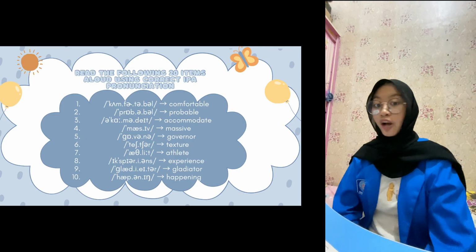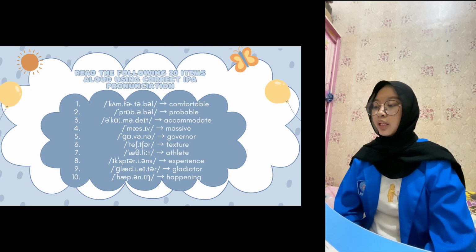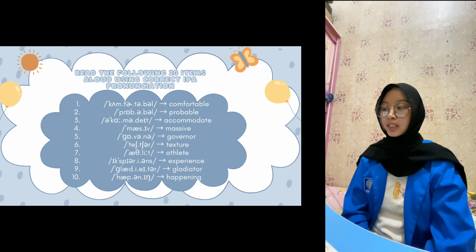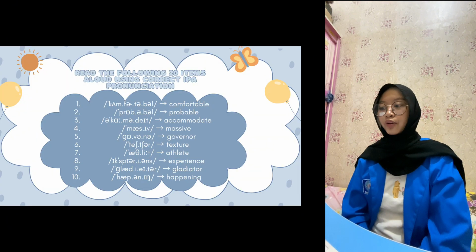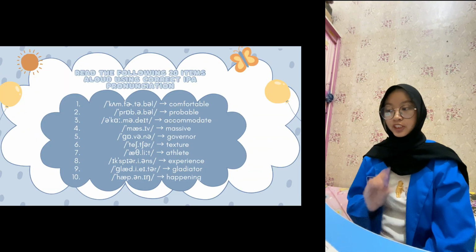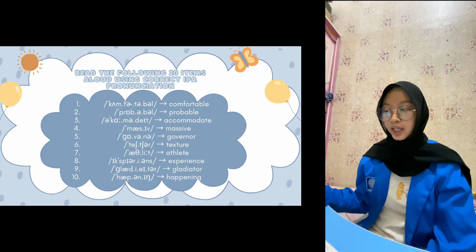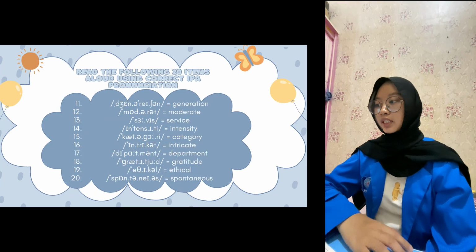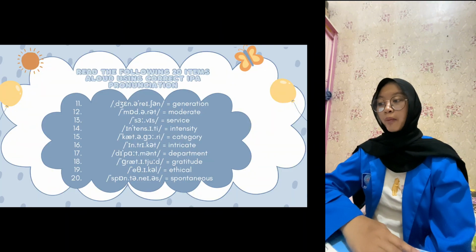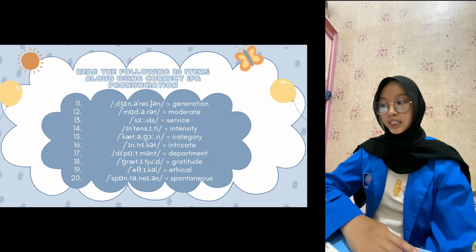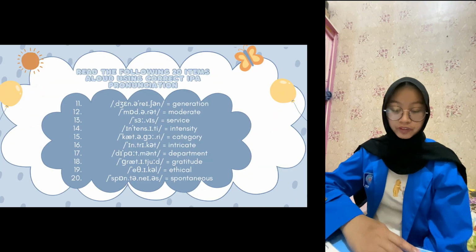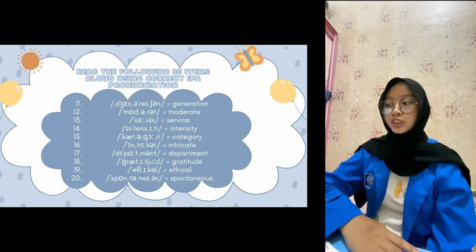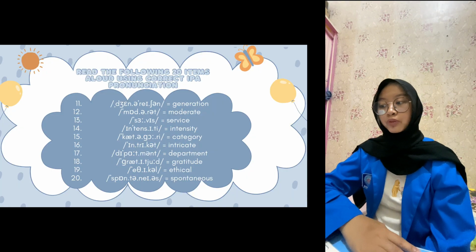First up is comfortable, and then probable, and then accommodate, massive, governor, texture, athlete, experience, gladiator, happening, generation, moderate, service, intensity, category, intricate, department, gratitude, ethical, spontaneous.